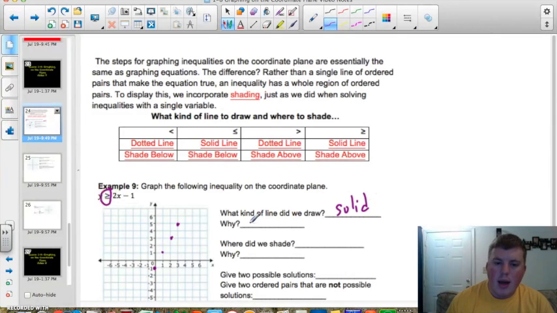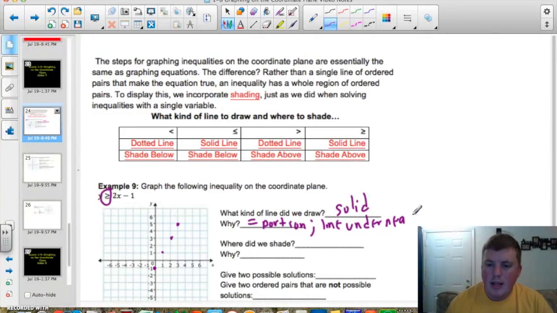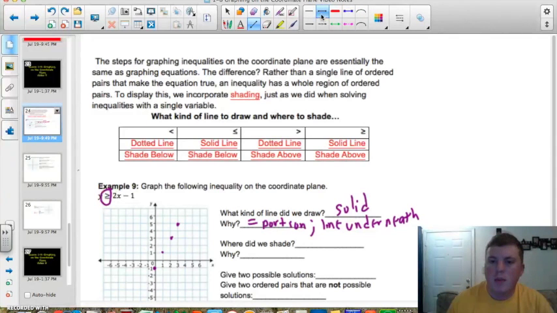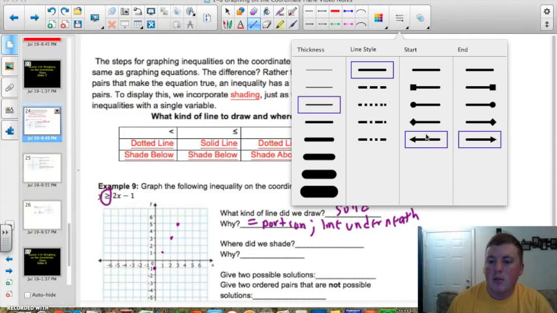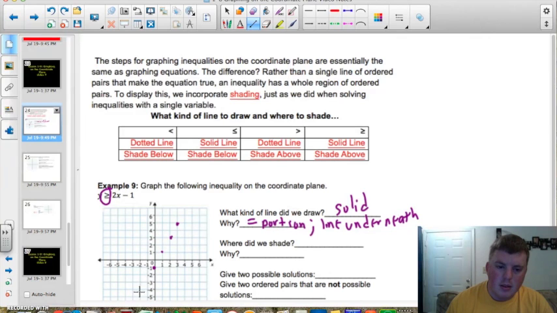And the reason why is because we have that equal to portion. We have the line underneath it. That means that any point on this can be a solution. So I'm going to go ahead and draw my solid line. I still want to make sure I have arrows at the end of both sides. And we have our solid line.